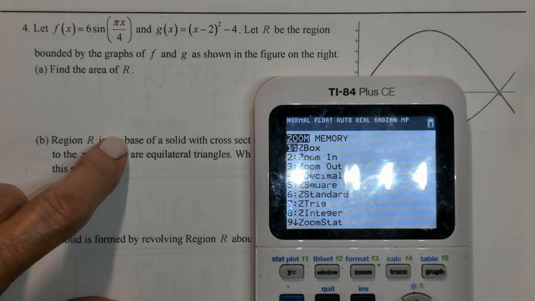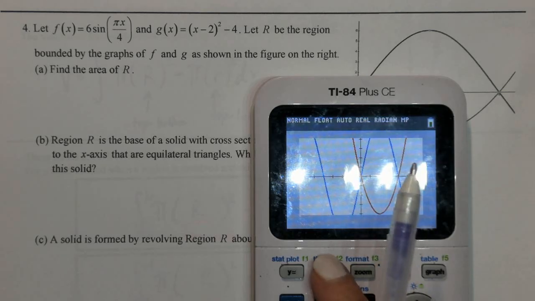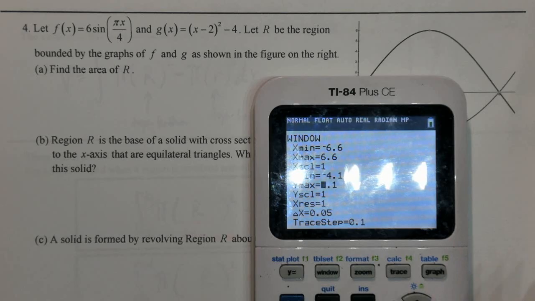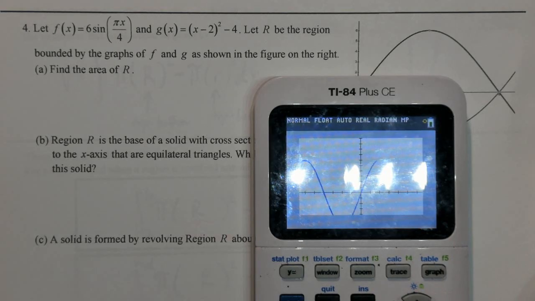Zoom 4 is back to my normal graph. That's great, but I want to see my high point there. I'm going to go to my window and go higher on my y's, maybe to 10. Should be way higher than I need it to be. And it is. I'm going to box this.